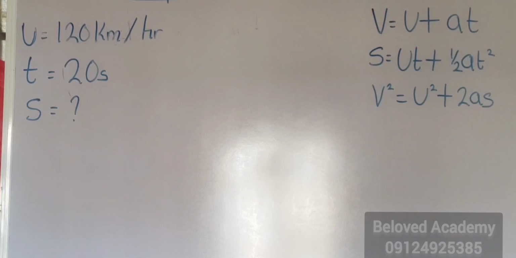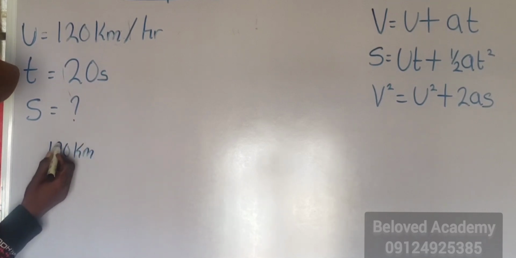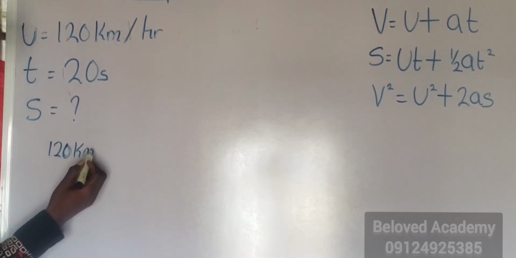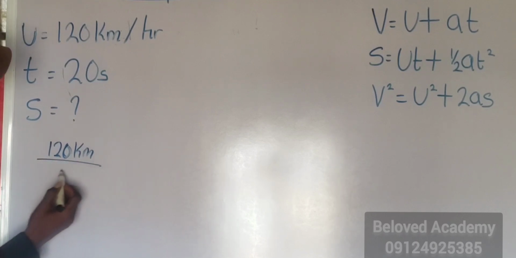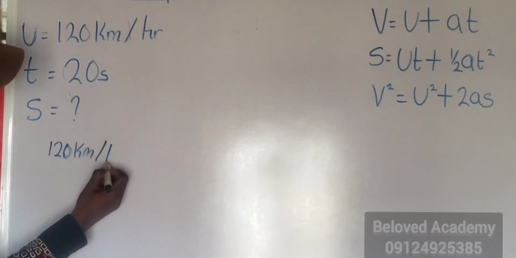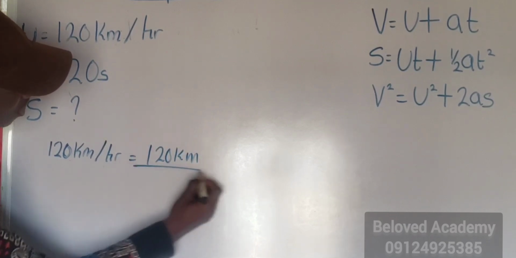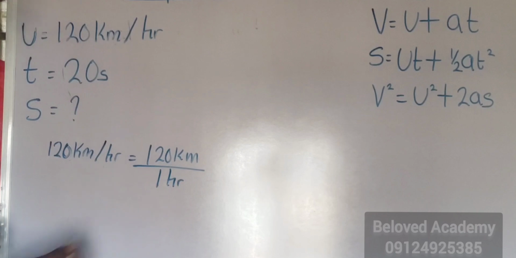We have 120 km per hour. 120 km per hour simply means 120 km all over 1 hour. Do you understand?